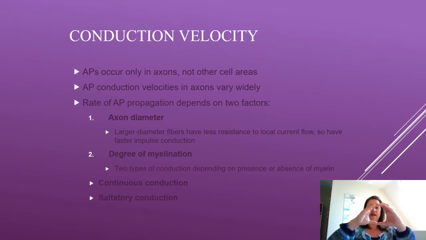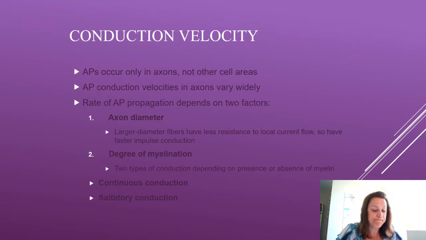The larger diameter fiber has less resistance and they'll go faster. Large insulated ones are really fast. So it's large and insulated, super fast; small, not so fast; and non-insulated, they actually go quite slow when they're moving around.